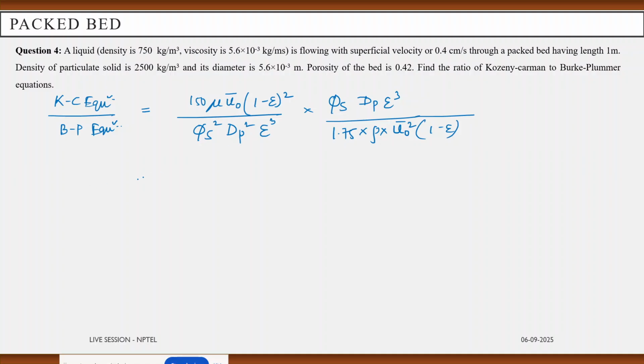Now you solve this equation and you will get the simplified form.